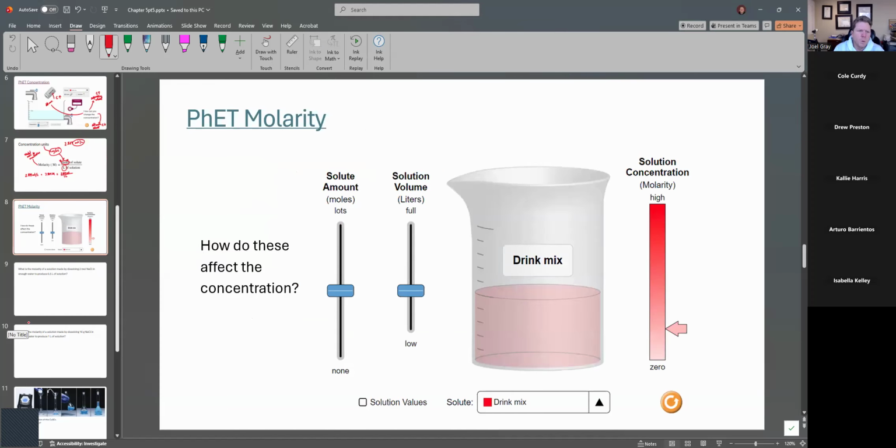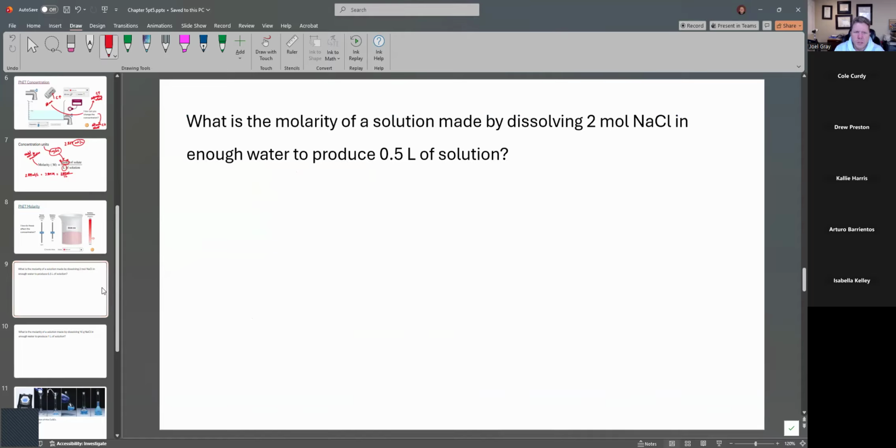Now, what we're going to do is go down here to do a calculation. What is the molarity of a solution made by dissolving 2 moles of NaCl in enough water to produce 0.5 liters of solution? Okay. So I know the first time that I read this sort of prompt, I say, okay, what's the molarity? Where I want you to go with that is I want you to immediately think moles per liter.